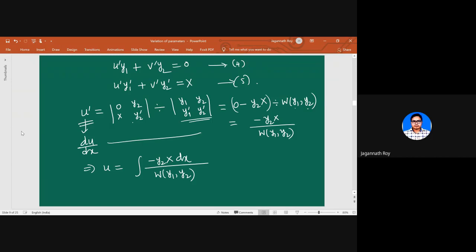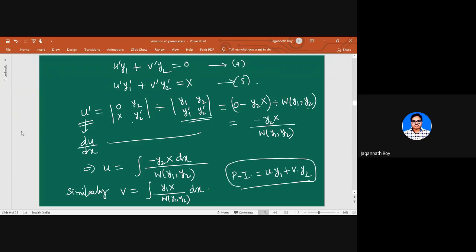Similarly, we will get v equals integration y1 x by the Wronskian of y1 and y2 into dx. Once we find this u and v, then the particular integral will be u into y1 plus v into y2. All these are the working steps.